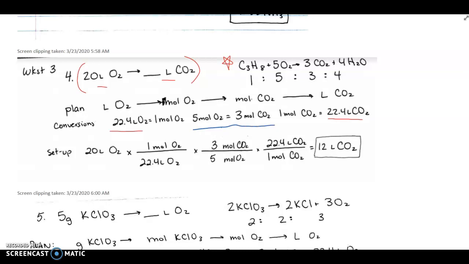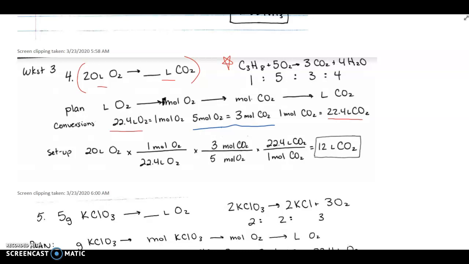So when we look at this, we can see how we set it up. Mole ratio, of course, in the middle here, under the blue line, is 5 moles of O2 equals 3 moles of CO2. We get that from our mole ratio. So when we set it up, we start with our given 20 liters of O2. Then we bring down each of those mole ratios, and we're putting what we want to eliminate on the bottom.